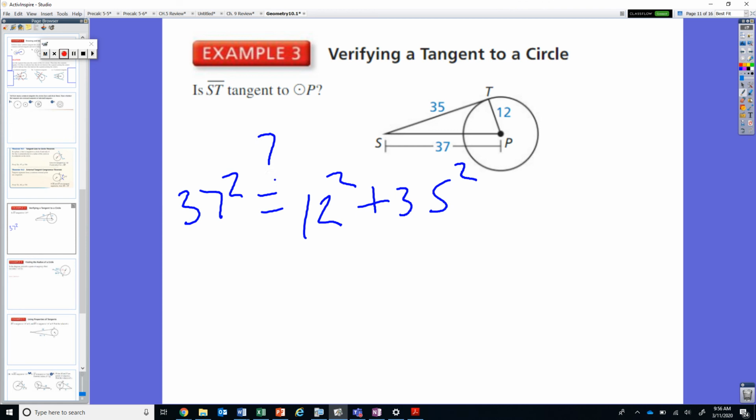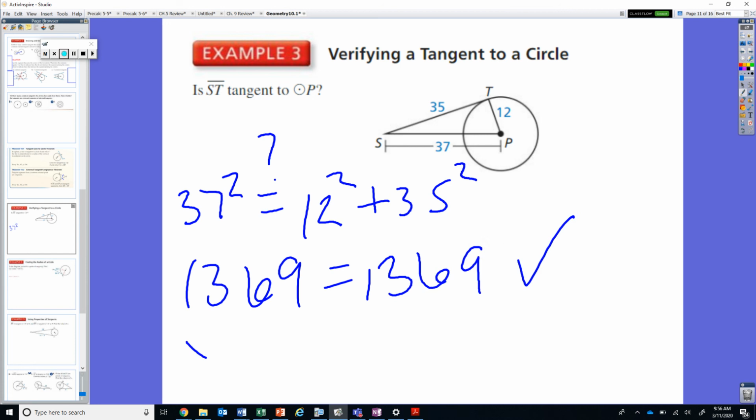If it doesn't, it is not going to work out. 37 squared is 1369. 12 squared is 144. And 144 plus 35 squared does in fact give us 1369. So yes, that is enough to prove that ST is tangent to circle P.